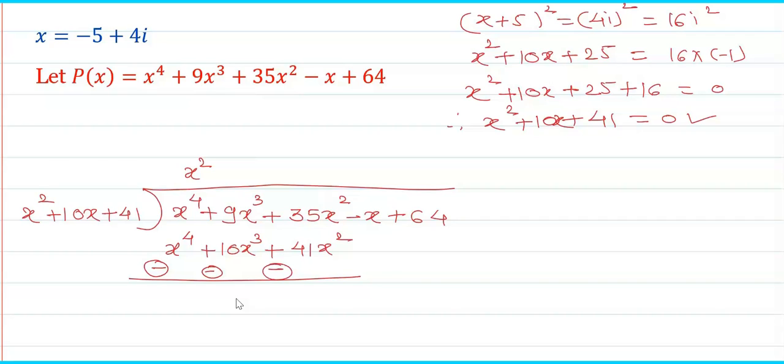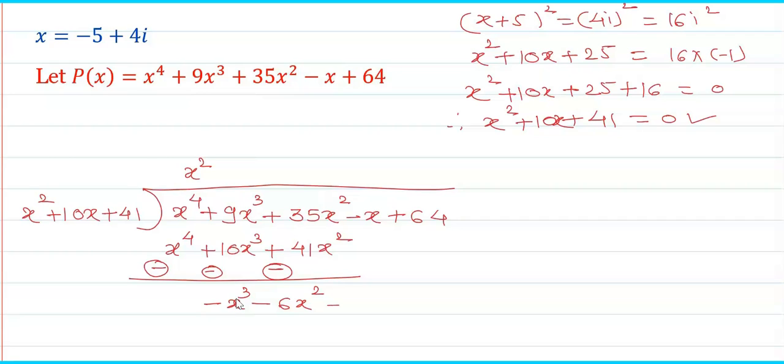Plus x raised to 4 minus x raised to 4 get cancelled. Here you will get minus x cube, 35x square minus 41x square, then here you will get minus 6x square.